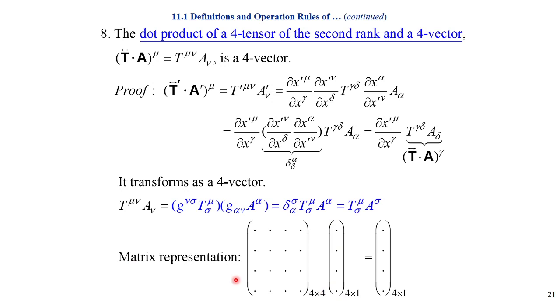So if we want to use a matrix representation, sometimes you have to change the form using a metric tensor. That will be much easier to understand. Otherwise, you will be confused.